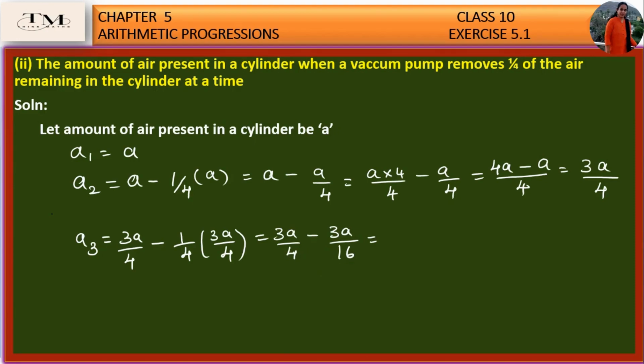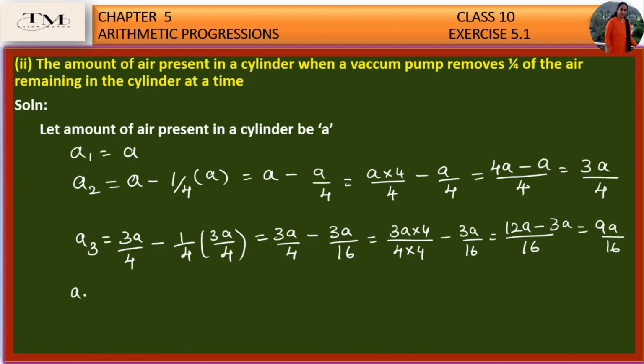In order to make this 4 as 16, you have to multiply by 4, and also multiply by 4 in the numerator. So 3a into 4 divided by 4 into 4 minus 3a by 16. Both the denominators are the same, so I am taking it as common. In the numerator we have 3 into 4, 12a minus 3a. 12a minus 3a is 9a by 16.